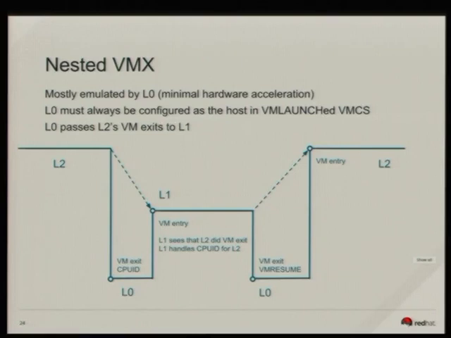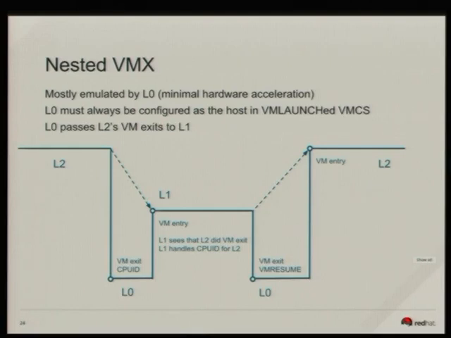The hardware has almost no acceleration for it, so you cannot just exit from L2 directly to L1, which you would like to. For example, if L2 executed CPU ID, you know that it's going to be handled in L1 because L1 is the hypervisor that controls L2. But due to the lack of hardware features, L0 must never lose control of the hardware virtualization.